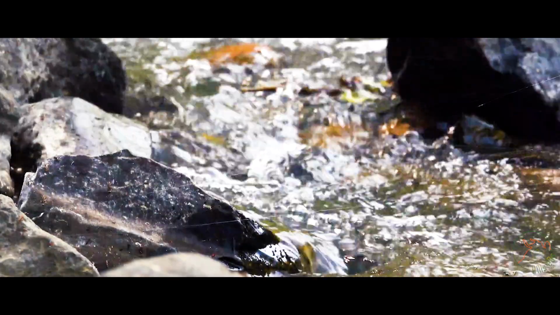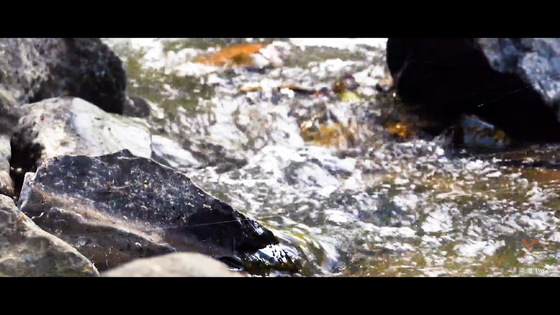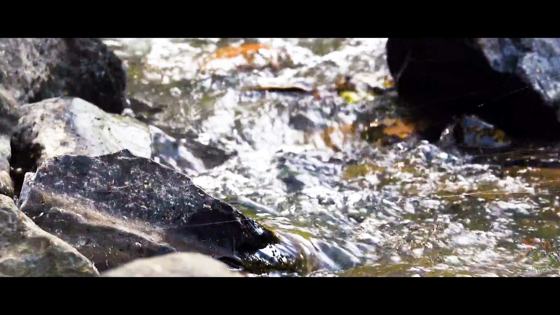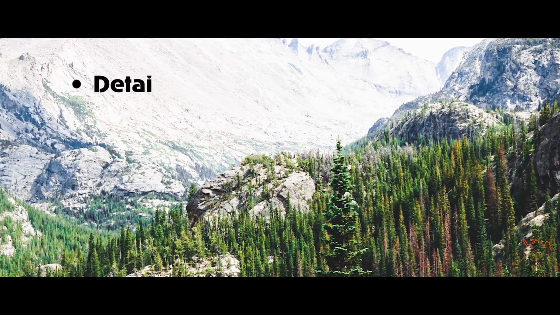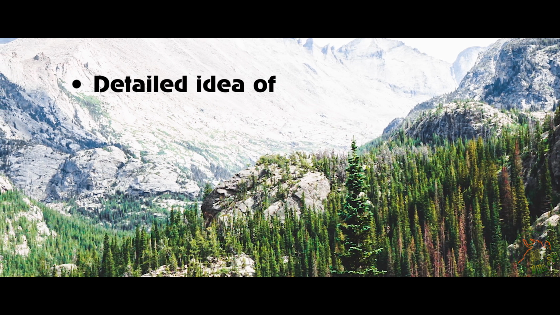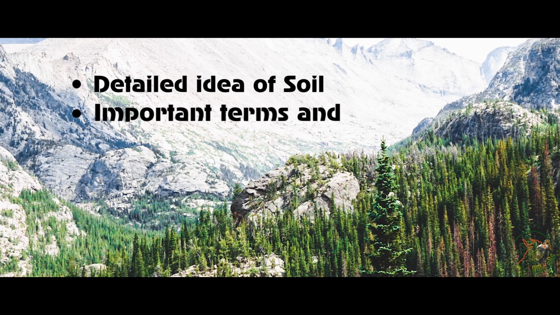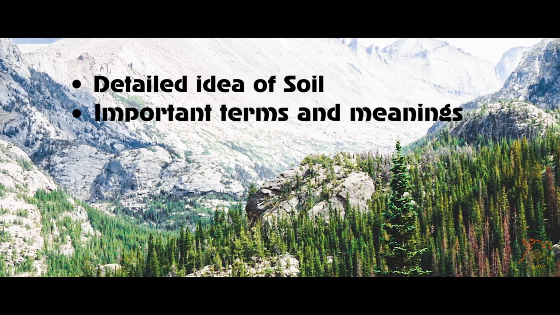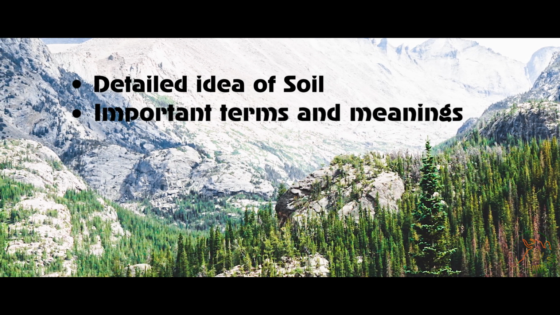In order to make this chapter quite simple and easy to understand, I will section it off into 3 to 4 separate classes. In the first session, I'll give you a detailed idea of soil and the important terms and meanings connected with it, so that you will get a better understanding of the lessons that would follow.